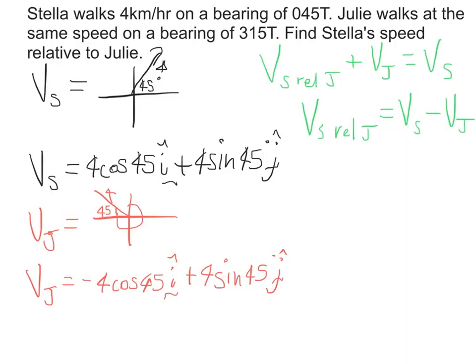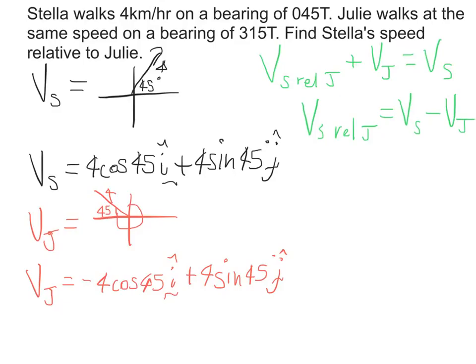So here I'm just going to do my I and J components. So this velocity of Stella, take away this whole velocity of Julie. So this is going to turn into a positive, and this one's going to turn into a negative.